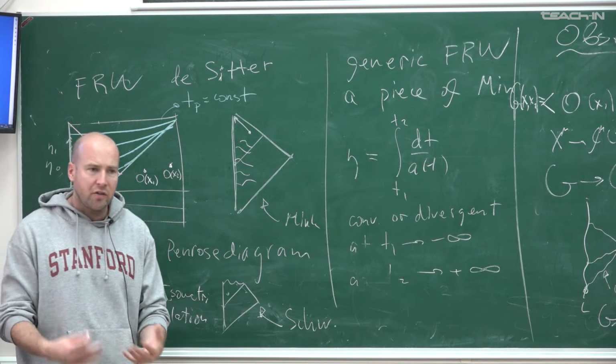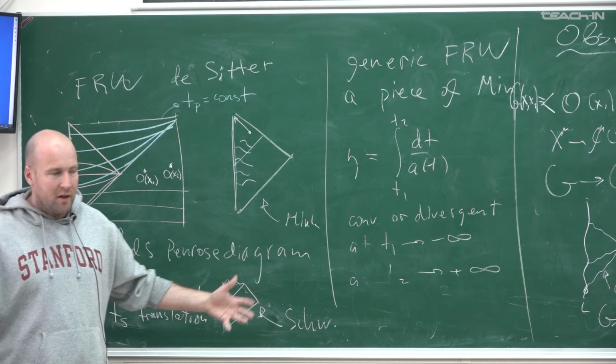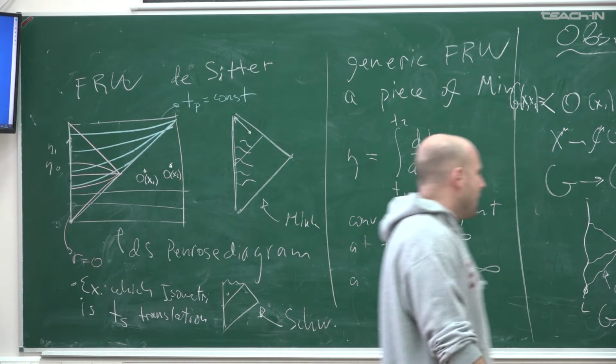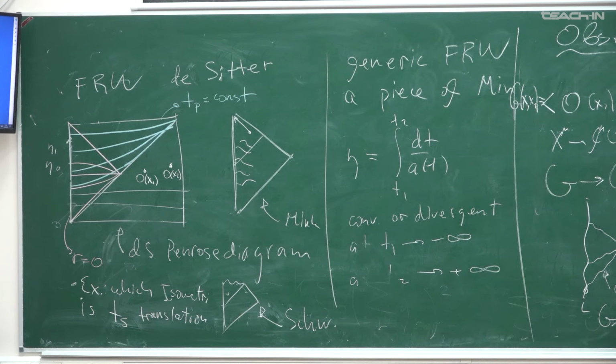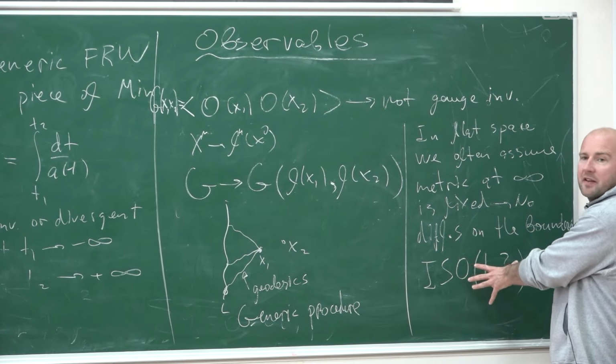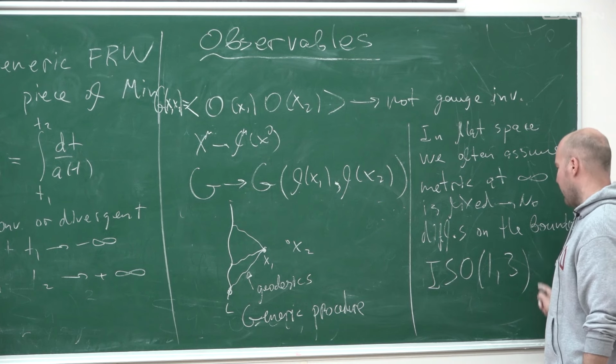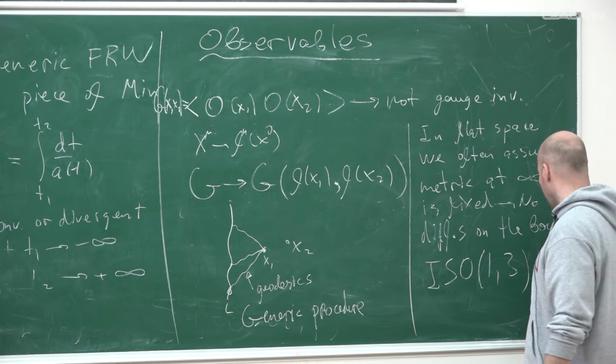We can say that Minkowski spacetime is just an asymptotically Minkowski spacetime. And in particular, the Poincaré group. You're familiar with this notation, so SO(1,3) is the Lorentz group, and I, whatever, stands for translations. Basically, this Poincaré group is a global symmetry.